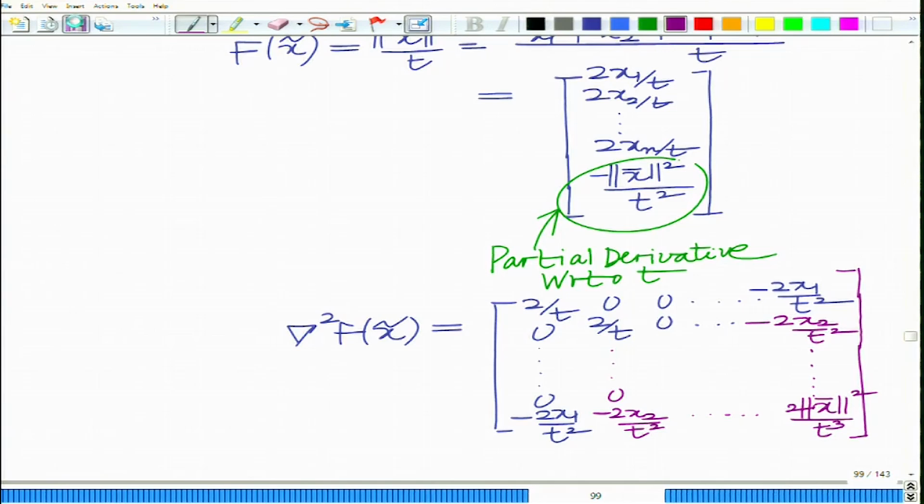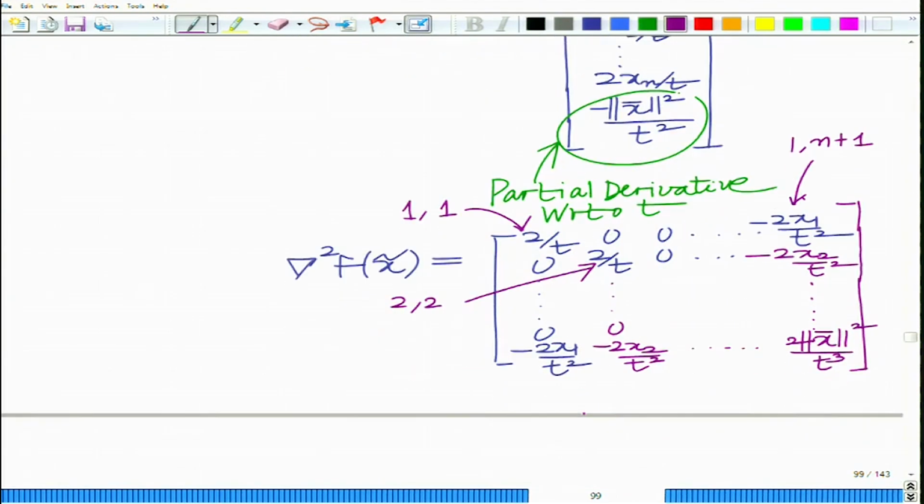This is basically the Hessian. You can see each element: this is the 1 comma 1 element, this is the 2 comma 2 element, that is the diagonal element, this is your 1 comma n plus 1 element, and so on.